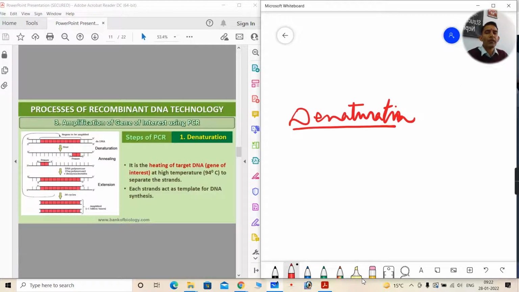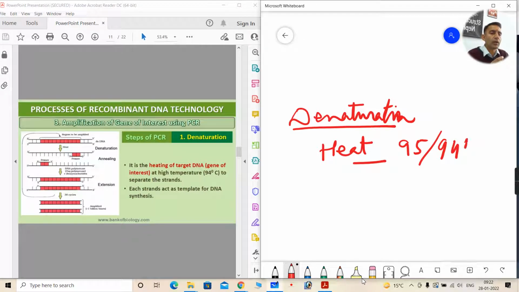denaturation, which means we heat it up, and the temperature is almost 94 degree Celsius. In separate books it is written, sometimes more than 90 degree Celsius, somewhere it is 92 degree Celsius, 94 or 95. So you assume this is 94 degree Celsius happening. What will be happening? This is our gene of interest, that is the desired DNA.